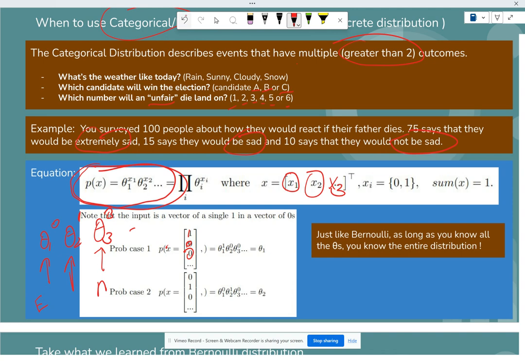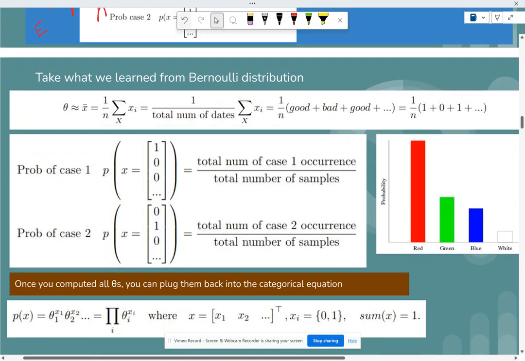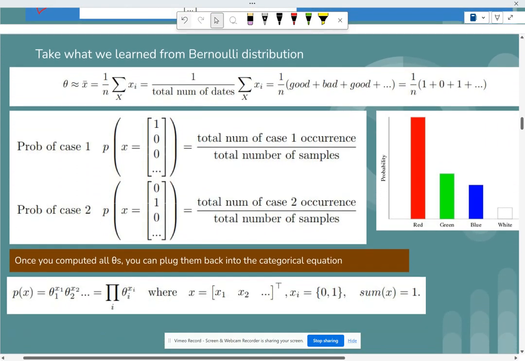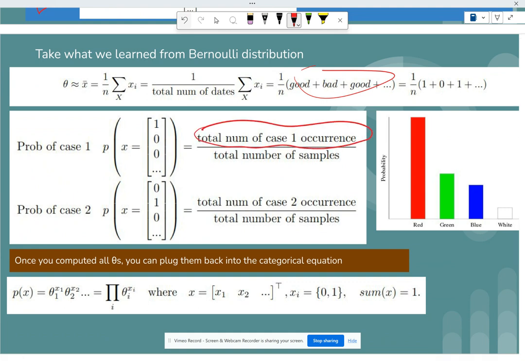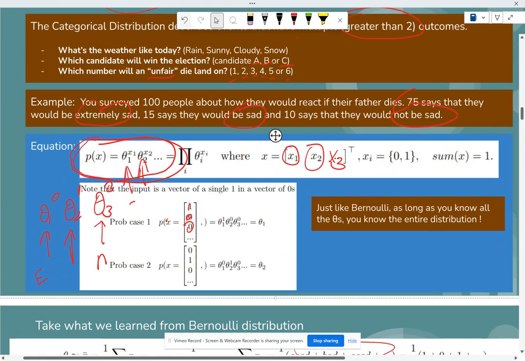And you can get each one of these also through the averaging. So let's say, as we previously saw, you just take the average. Now, what you do is you add up the total number of cases of occurrence divided by the total number of samples. So for case number 1, it was how many people would be extremely sad? 75.